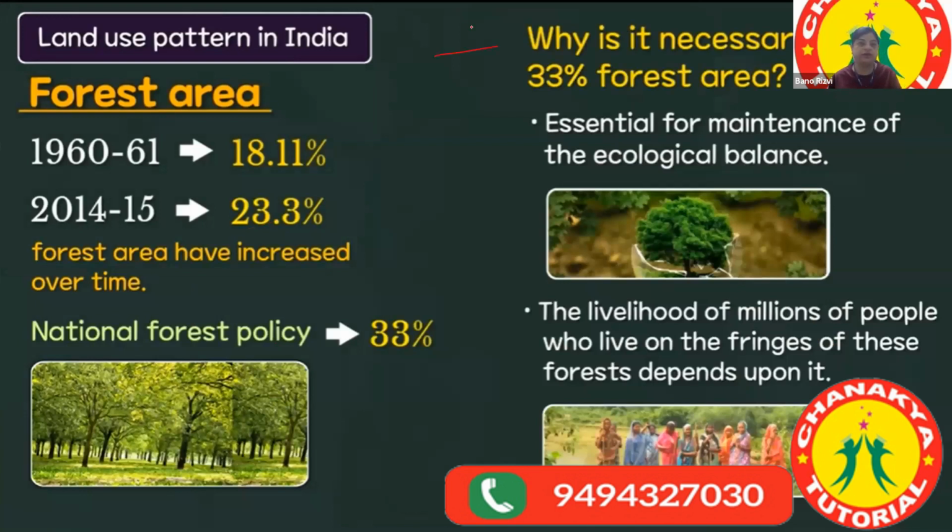We are having only 23% in 14-15, but we need 33%. Why? This is essential to maintain the ecological balance. If we need to maintain our ecological balance, we need to have how many percent? Somebody tell me. Moksha? 33%. Okay.